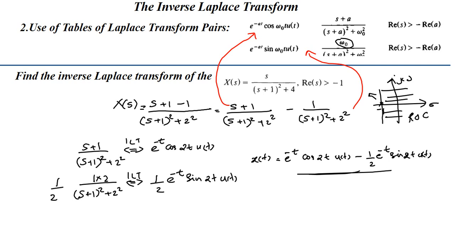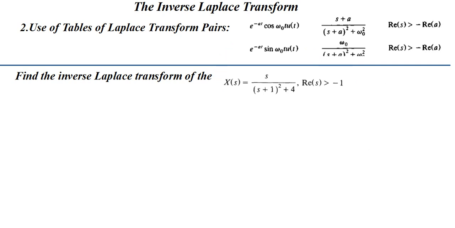I will do the same problem in another method also. This is simple, or you can use another property to solve this problem. If it is simply 1 by s plus 1 the whole square plus 2 square, it's almost similar to the sine equation.